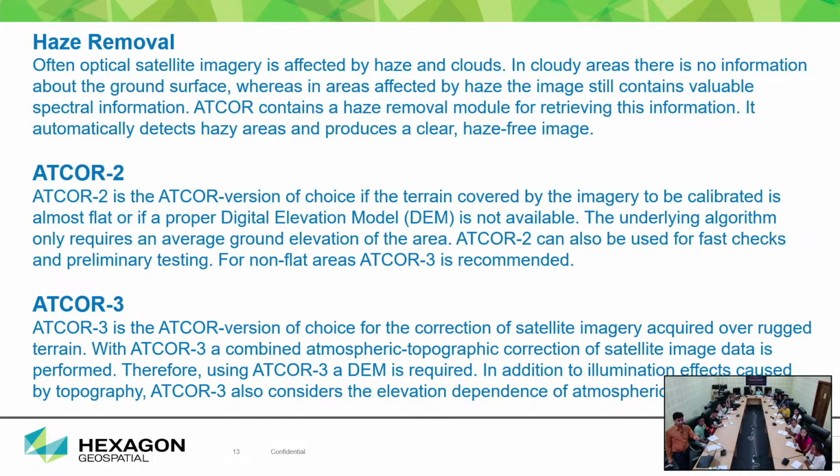And for ATCOR 3, you have the digital elevation data and a satellite data, so we need to put the pixel in its exact position, then we can go for ATCOR 3. So these are the different types of algorithms used under these names: haze removal, ATCOR 2 and ATCOR 3.